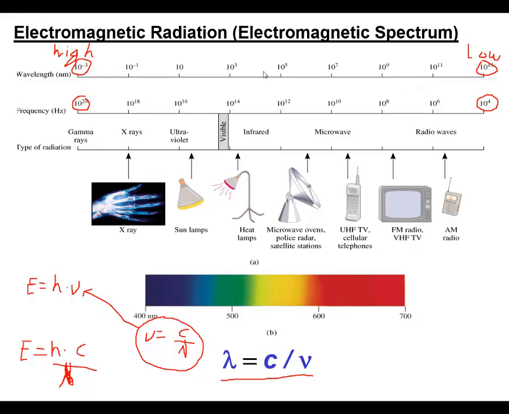So recognize that inverse relationship between energy and wavelength, and the direct relationship between frequency and energy of the electromagnetic radiation. I might ask you on a test to list frequency from high to low frequency, or wavelength from high to low wavelength, and realize they would be reversed for the orders of the electromagnetic spectrum. Or I might ask you to list the electromagnetic spectrum from high to low energy. So make sure that you could do that for an exam.